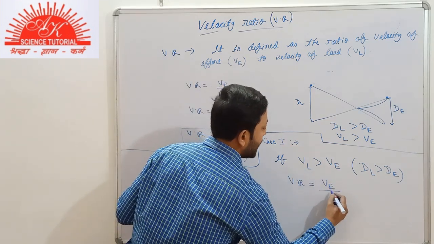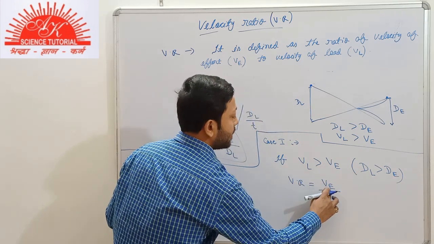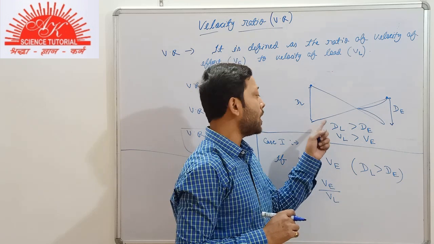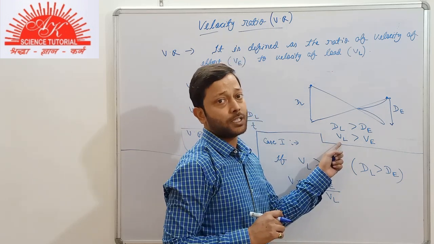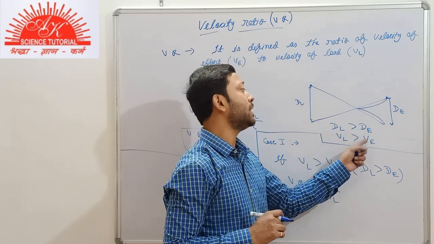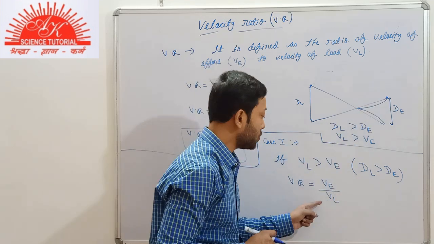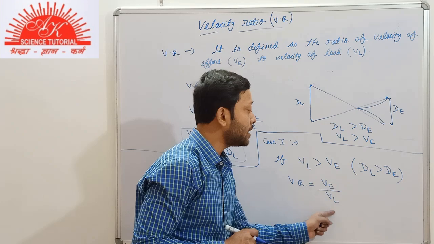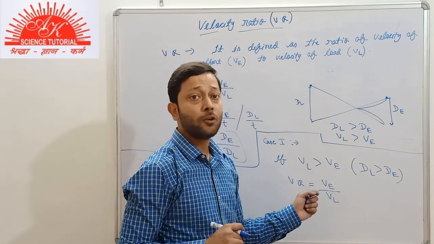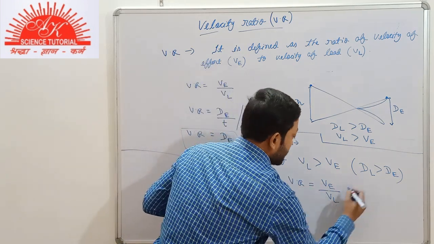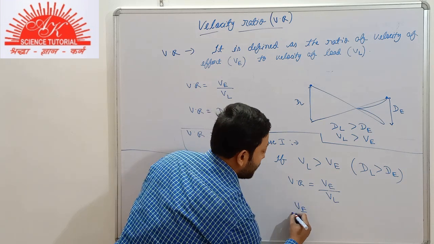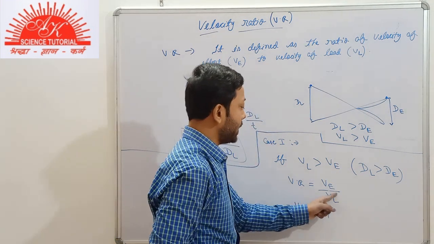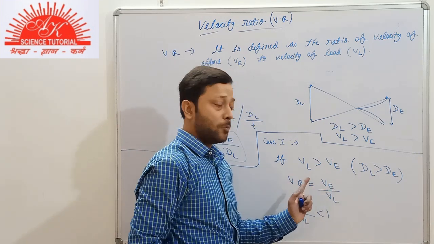VE by VL. If a machine is a speed multiplier, the load will move at a faster rate. The velocity of load will be greater than the velocity of effort. It means that the denominator is greater than the numerator. VE by VL will be less than 1.